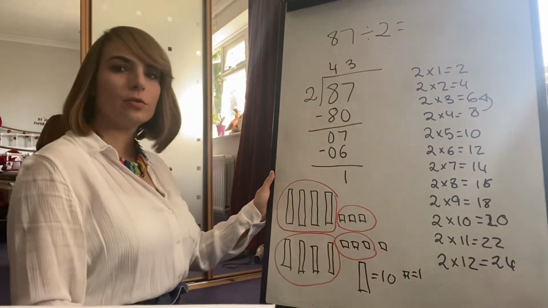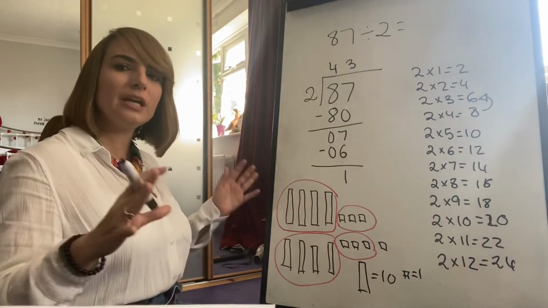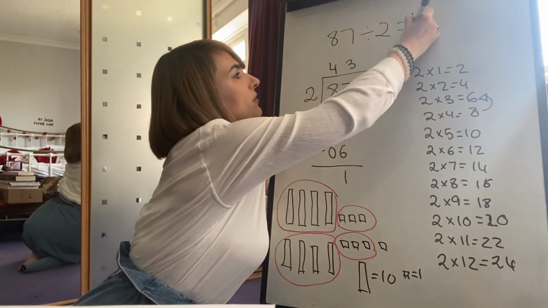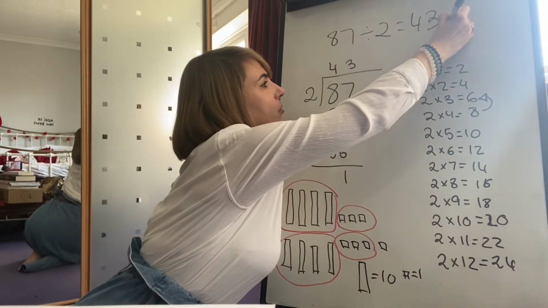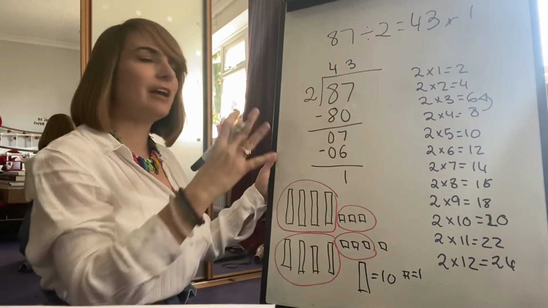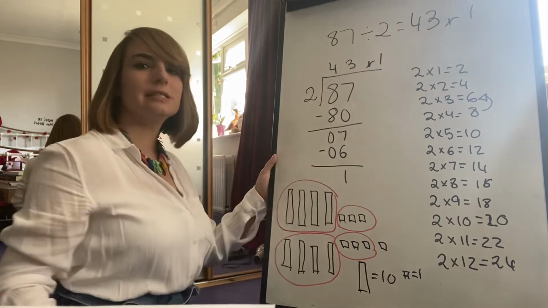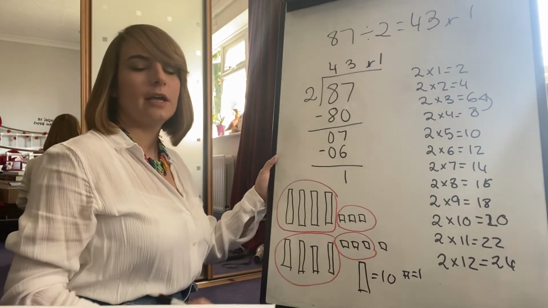Therefore, when I'm splitting 87 into 2 equal groups, it would be 43 in each group, and I will have 1 left. 43 in each group, 1 remainder left.